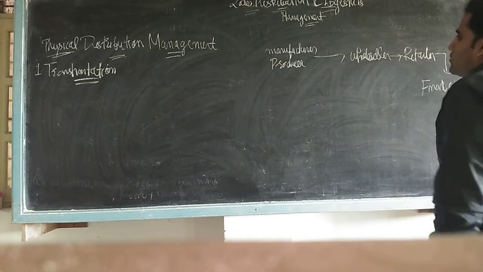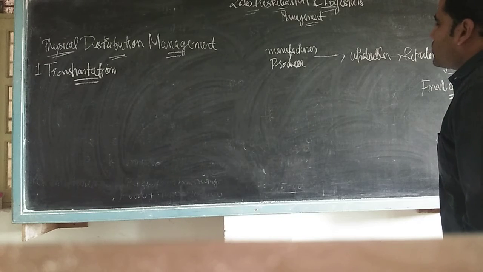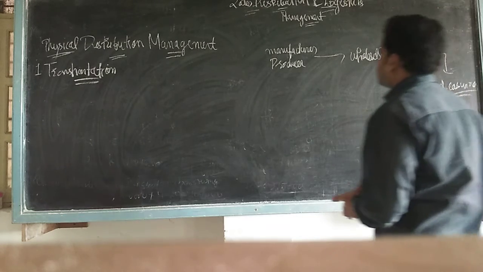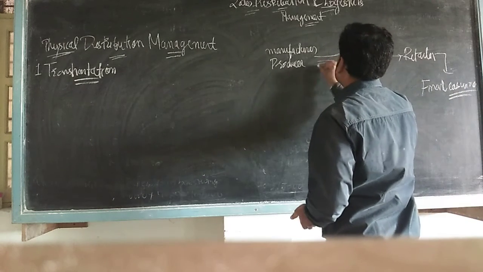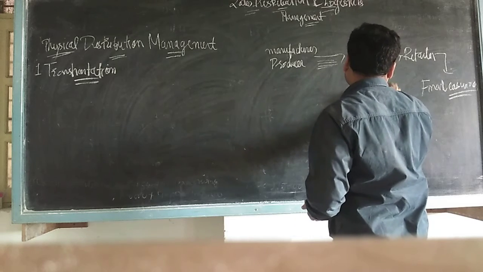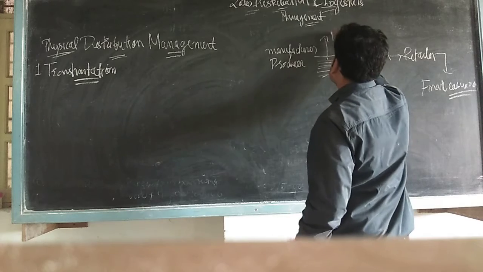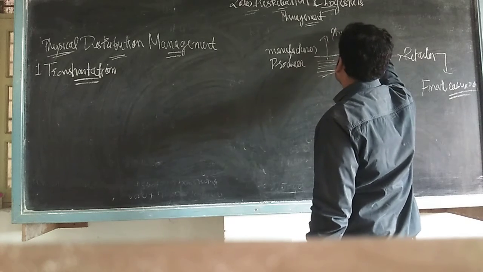Now this is not physical distribution. Okay, physical distribution क्या है कि manufacturer से ये जो चीज है, ठीक है, this is the channel, and this thing is known as physical distribution.